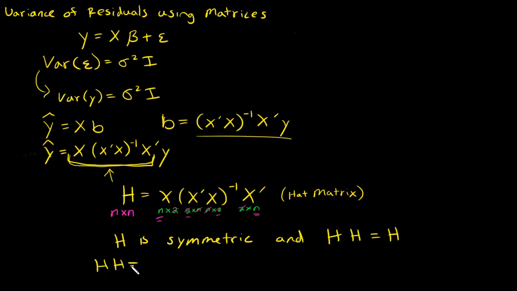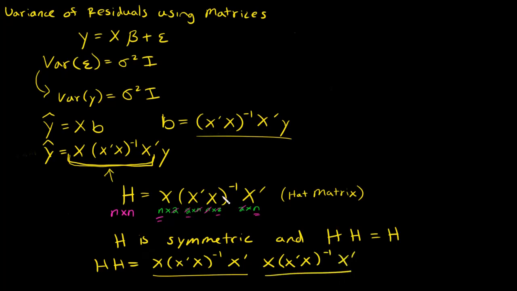H times H is X (X transpose X) inverse X transpose, that's the first H, times X (X transpose X) inverse X transpose, that's the second H. Notice that X transpose X in the middle is exactly the same as its inverse except inverted, so when you multiply them by each other, they cancel.